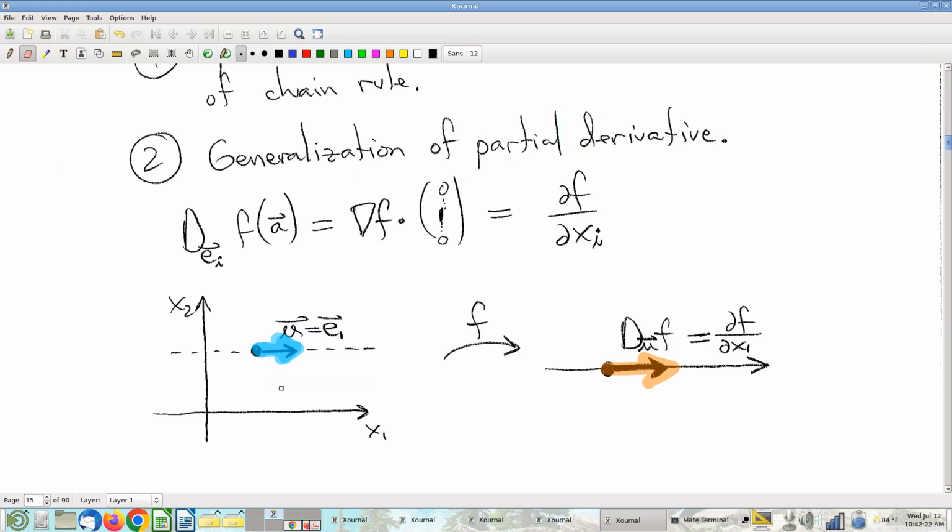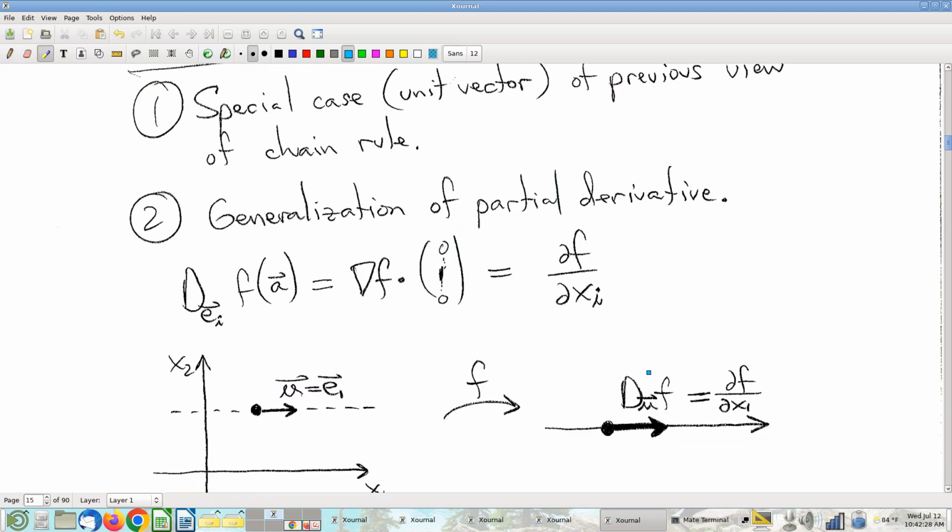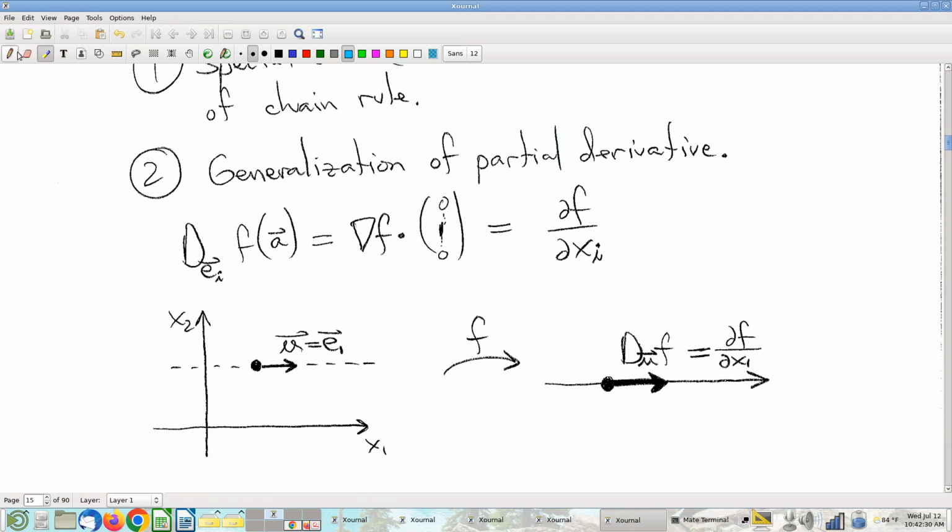The only distinction is that for a directional derivative, I can go in any direction. Still, it's got to be a unit vector. Directional derivative means go in any direction.